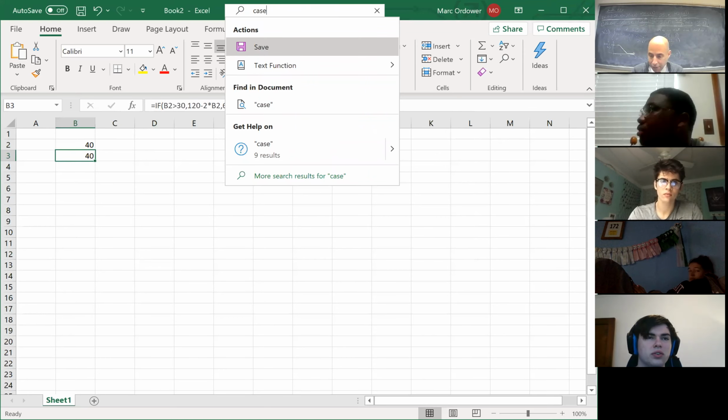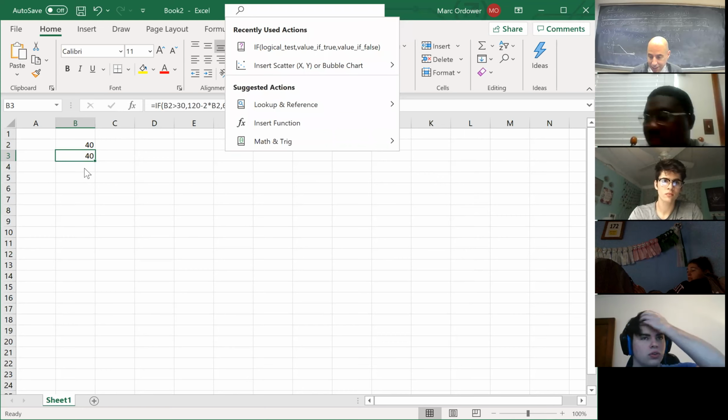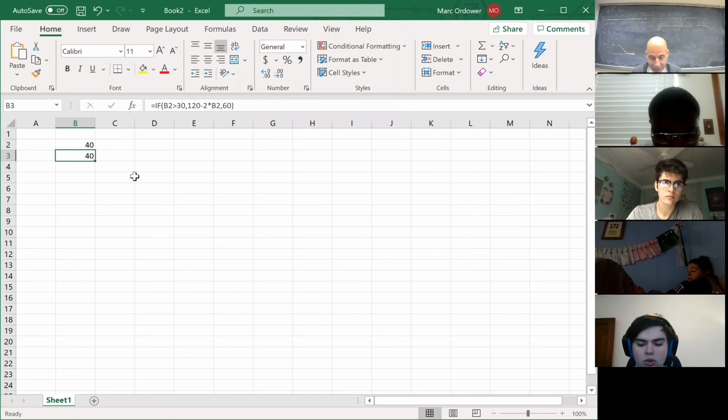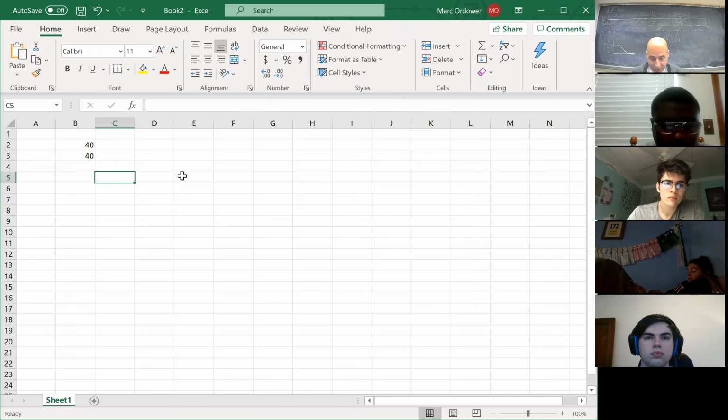Remember that step equation that I gave you that went across and then went down and then went over, that it was a constant 60 for a while, and then it was 120 minus 2x in that part where it went downhill. I thought it was 60 minus 2x. It was 60 minus 2x? I wrote 60 because it was decreasing.